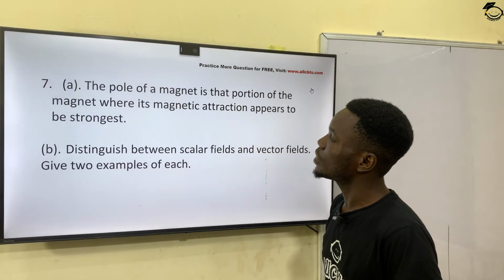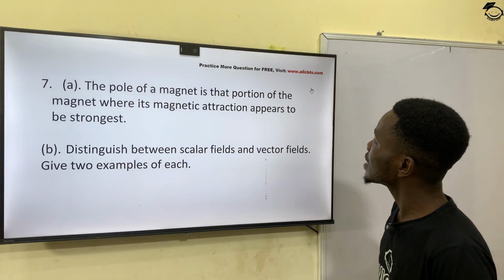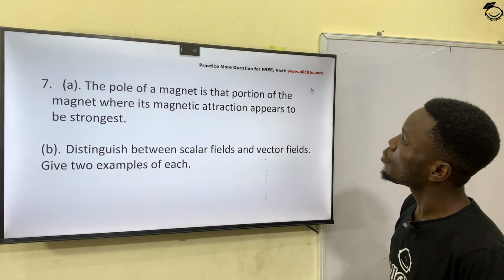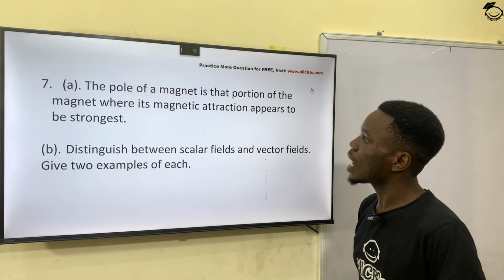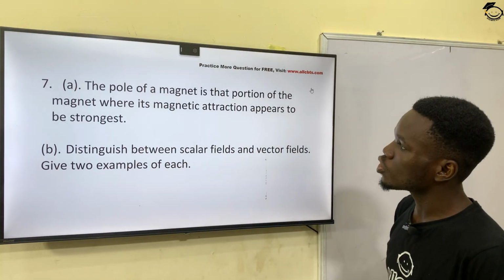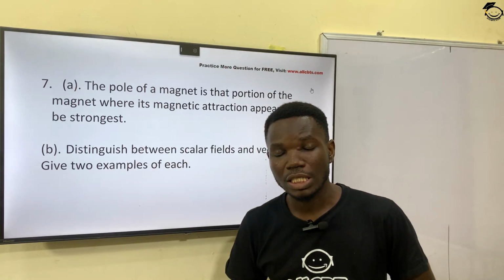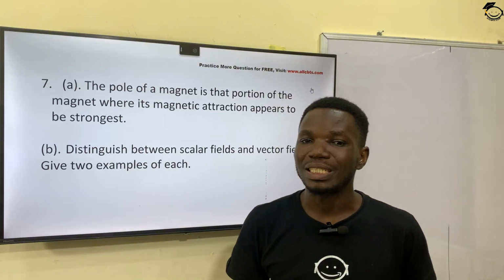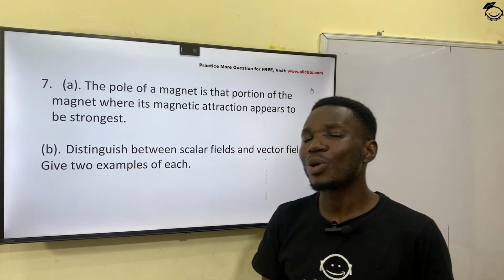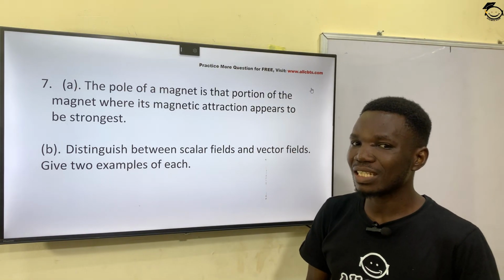Question number 7. 7A says the pole of a magnet is that portion of the magnet where its magnetic attraction appears to be strongest. Now, this statement is actually very true. What do I mean? In a magnet, the pole is where you have the strongest magnetic attraction.